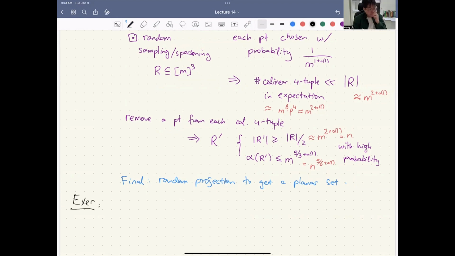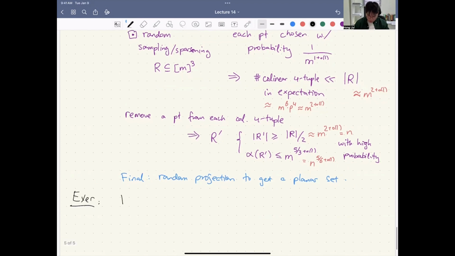Suppose we have a finite set of points in R3.